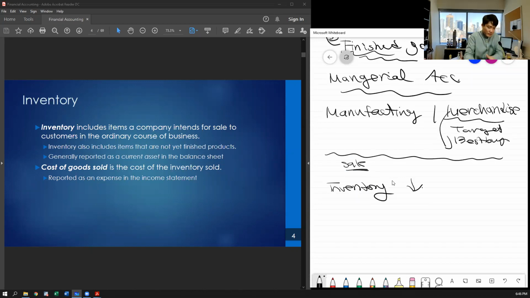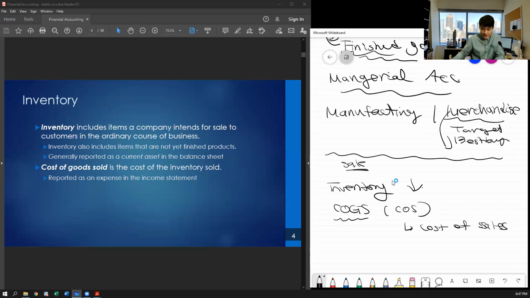Obviously, you're selling your inventory, so that will definitely reduce the inventory. At the same time, as you are reducing your inventory, you're also going to report cost of goods sold, or I usually call it COGS. Or sometimes some other accounting professionals prefer to call it cost of sales.